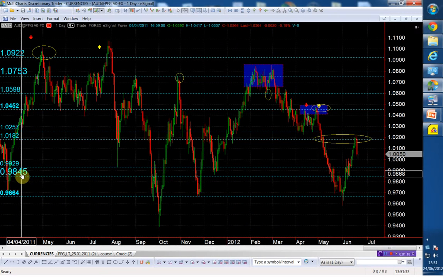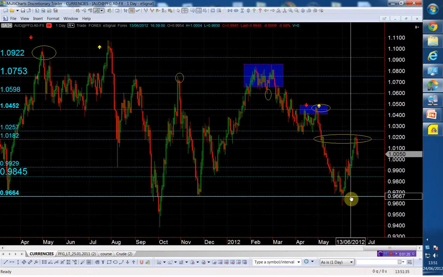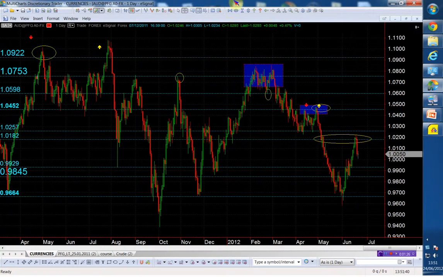And the key structure point is the 98.45, and then below that there is the other structure, which is the 96.64.